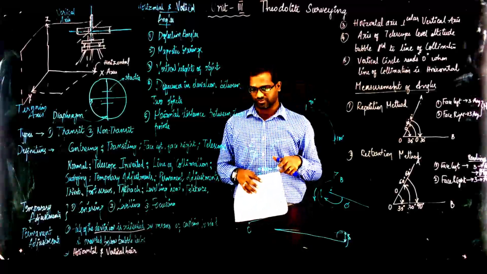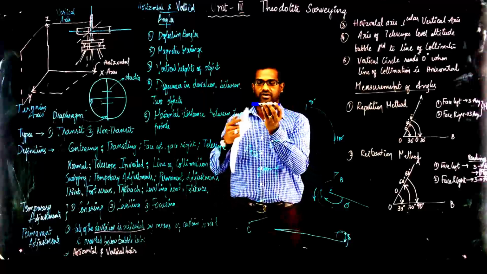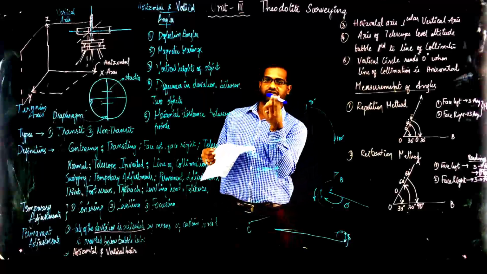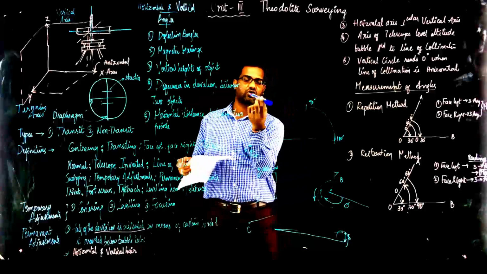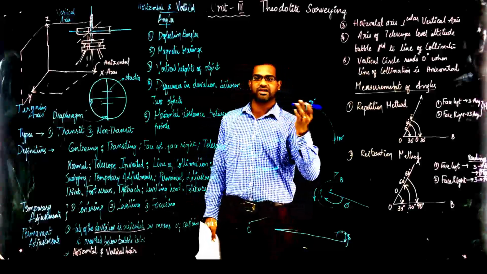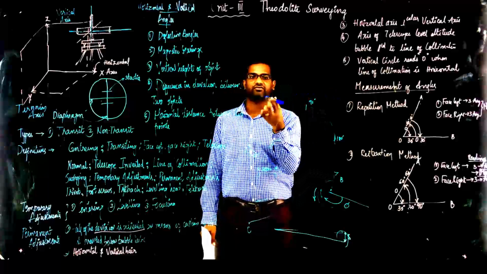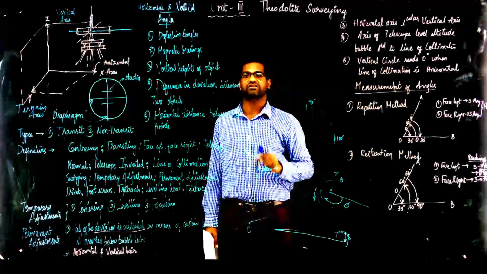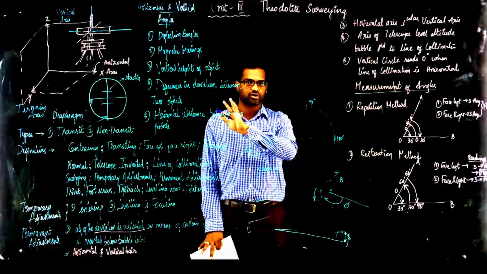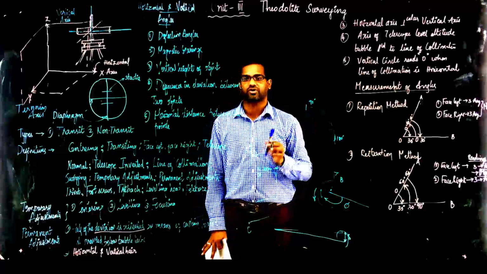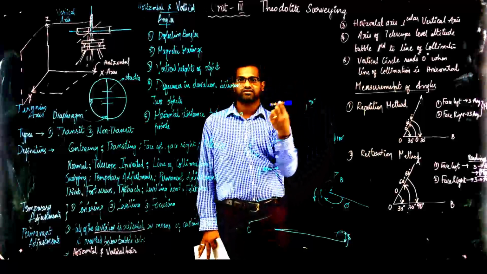Swinging of the telescope. When you have a telescope and you are able to rotate in this direction, clockwise or anti-clockwise in the horizontal plane, right? If you rotate in this direction, then that is called swinging. We should not just say rotate, because this is also rotating.